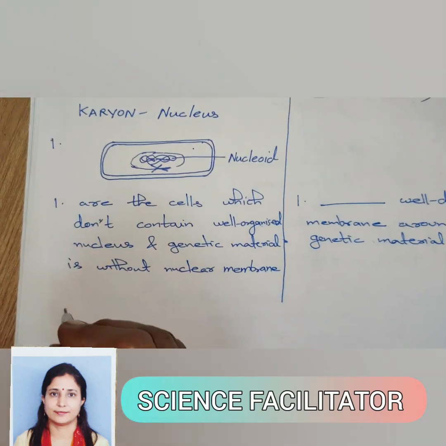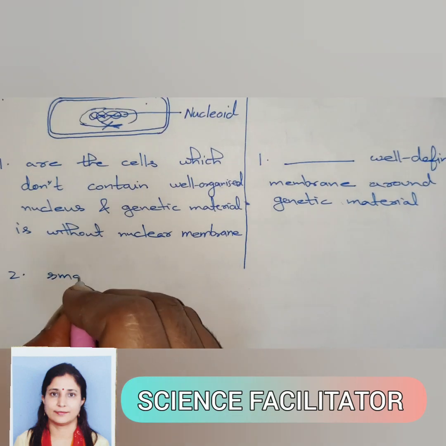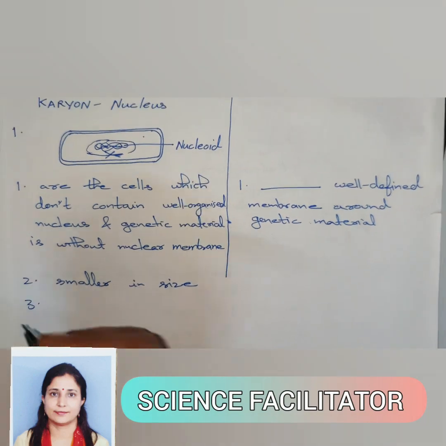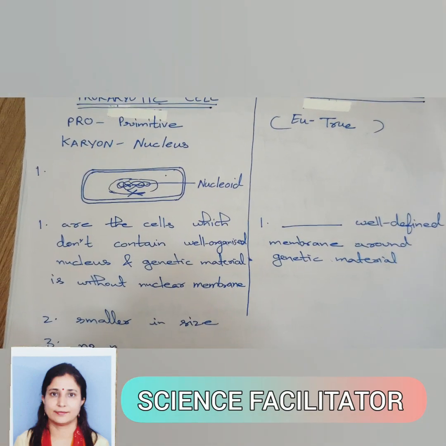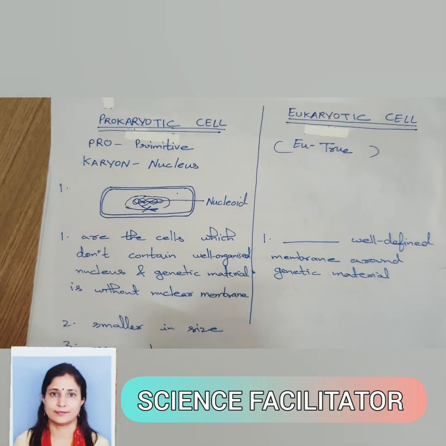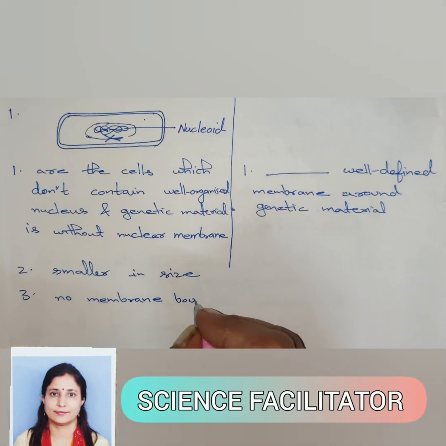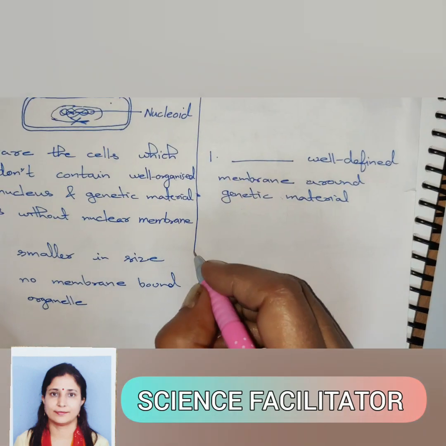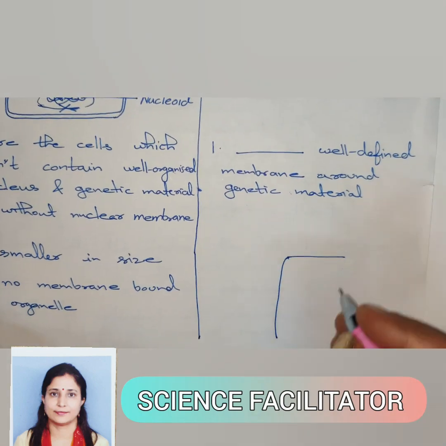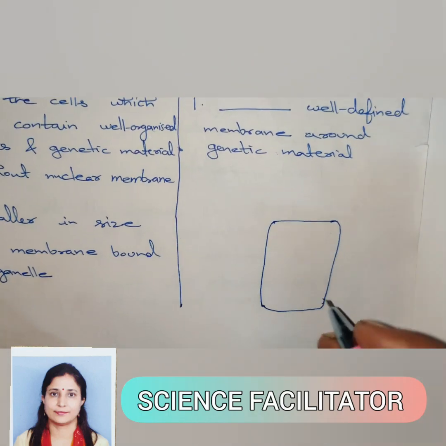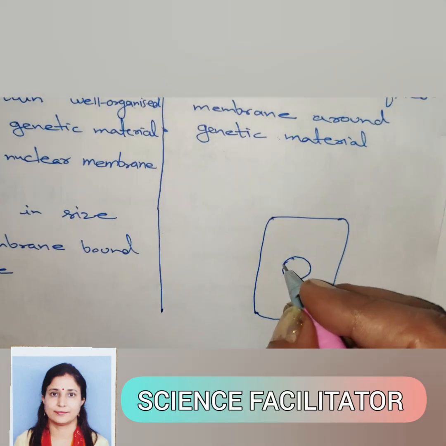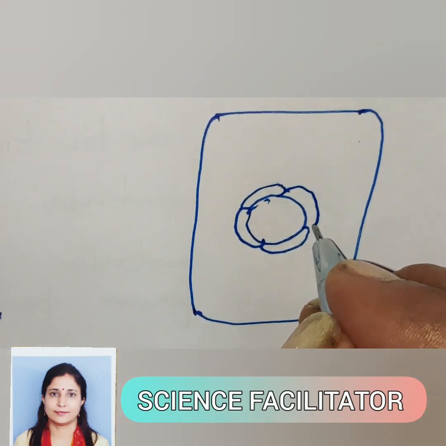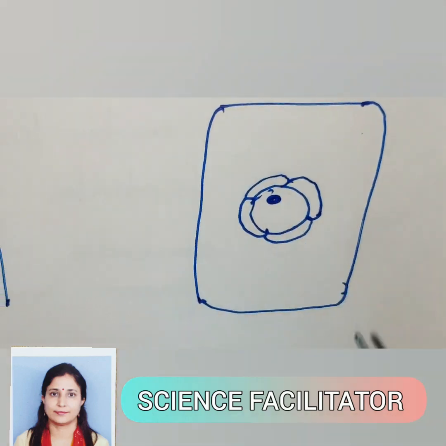If we see other differences, prokaryotic cells are smaller in size, and eukaryotic cells are a bit larger in size, and the prokaryotic cells have no membrane-bound organelles. What does membrane-bound organelle mean? Like mitochondria are not there in the prokaryotic cell, but in the eukaryotic cell, which can be an animal cell or a plant cell, a well-defined nucleus is there, that I have drawn earlier also, with the nuclear membrane.